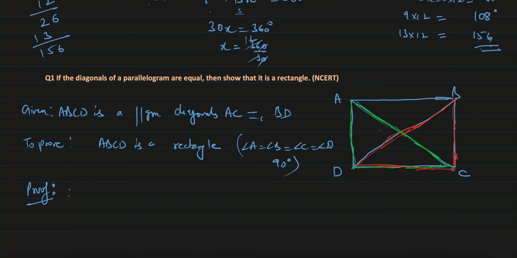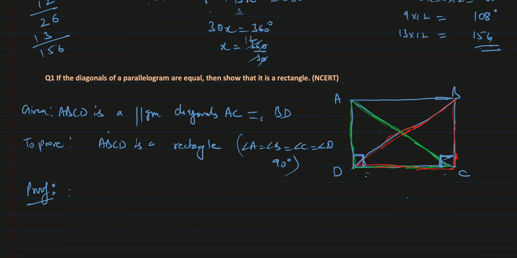I need to prove these two congruent. Why do I want to prove these two congruent? If angle D and angle C are equal, you know their sum is 180. If they become equal, each is 90, and we get that our parallelogram is a rectangle.